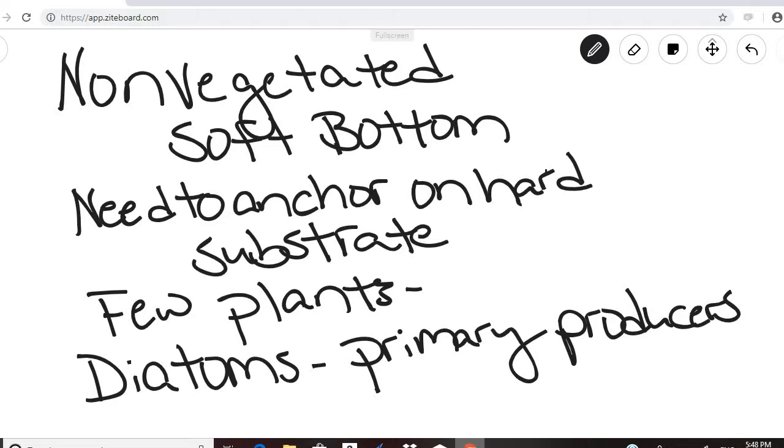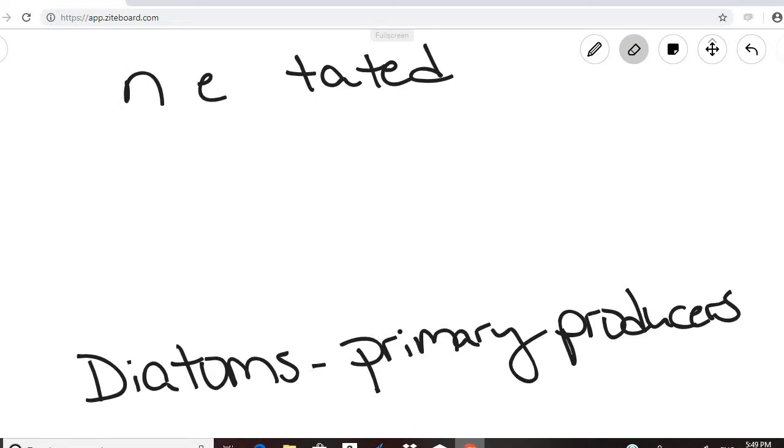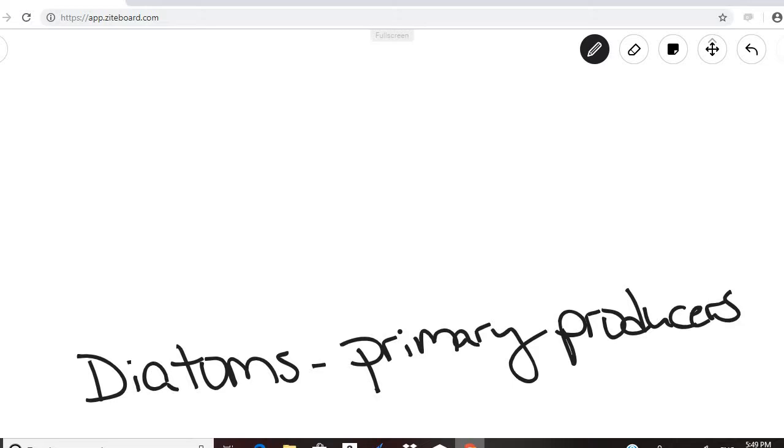Since there are not a lot of producers, there are few plants producing oxygen and utilizing CO2. However, even the diatoms are not present in large numbers, and so the other source of food for organisms living here besides the diatoms is something called detritus.